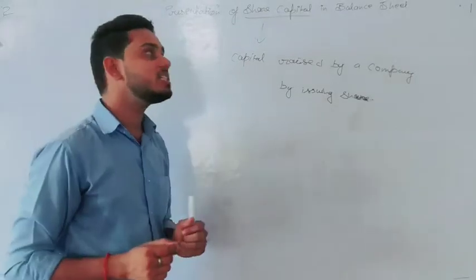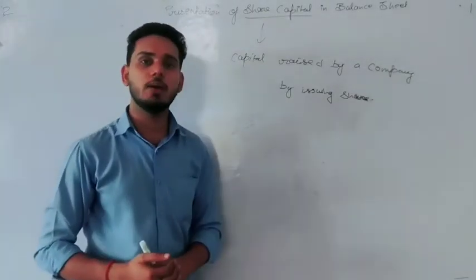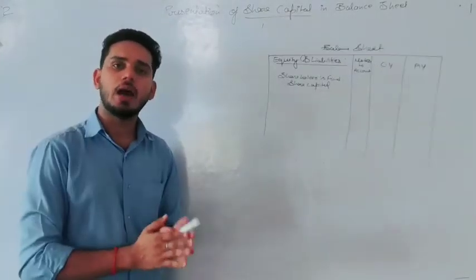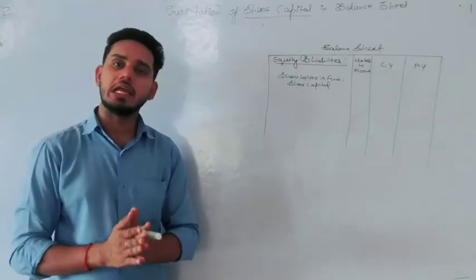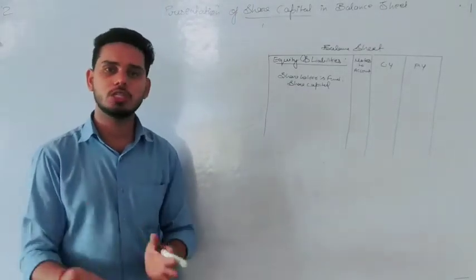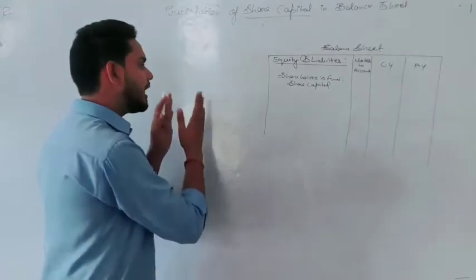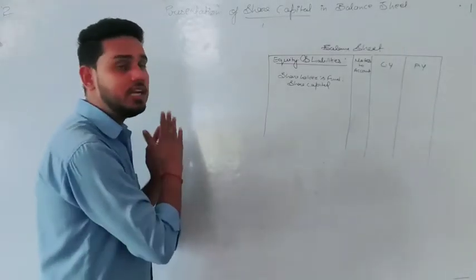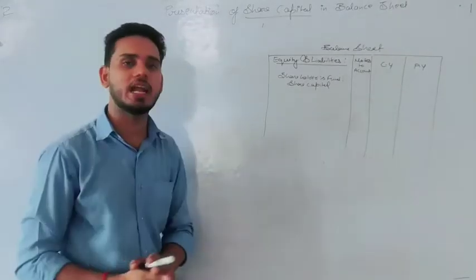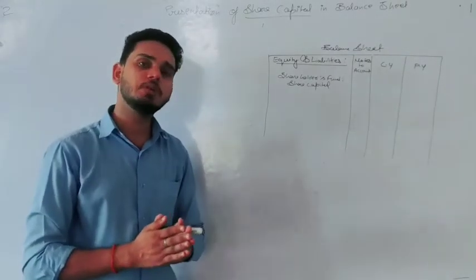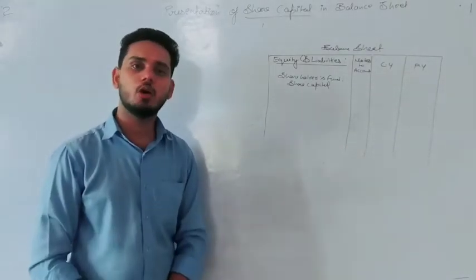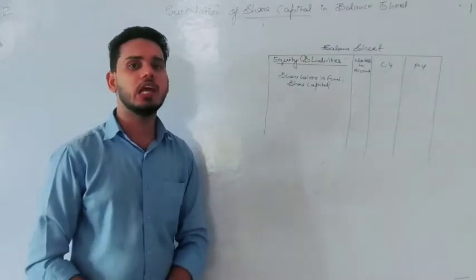Now let's understand how the balance sheet of a company looks like. A partnership firm prepares its balance sheet in a horizontal form, means side by side. Firstly, they will write liabilities on the left side, then assets on the right side. But in case of a company, the balance sheet and profit and loss is prepared in vertical form.